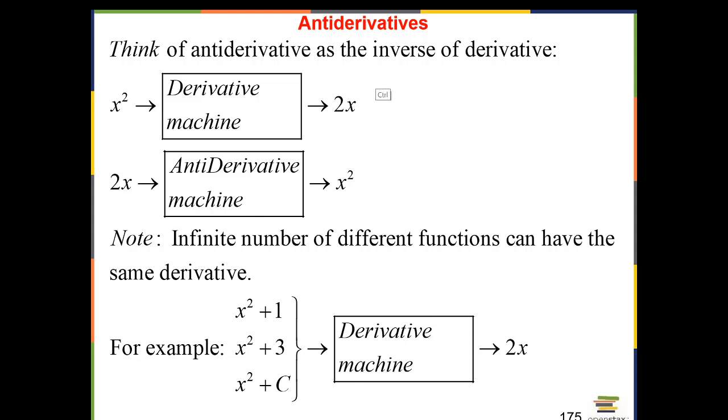This antiderivative is indefinite, but for now, let's talk about infinite number of different functions that can have the same derivative, right? So x squared plus 1, x squared plus 3, x squared plus c, they all have the same derivative, right? In fact, derivative has to do with the shape of the function, right?